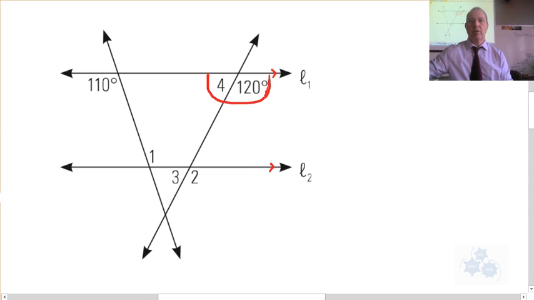So what did we say was the relationship between angles that look like this? They are supplementary. That means they add up to what? Right, to 180. So 120 degrees plus angle 4 equals 180. So angle 4 is going to be equal to 60 degrees. Very good. That's angle 4.